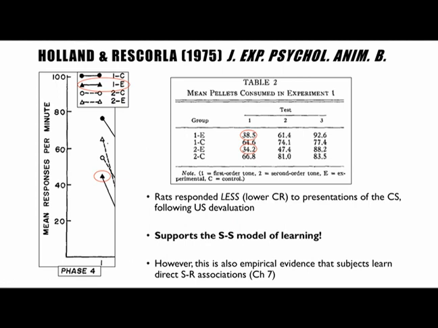This was a fairly simple setup for a conditioning experiment. They had a tone that was associated with the delivery of food. The conditioned responding that we care about on this graph is basically how many times they'd interact with a lever in the cage. The lever wasn't required to get the food because we're still looking at classical conditioning.